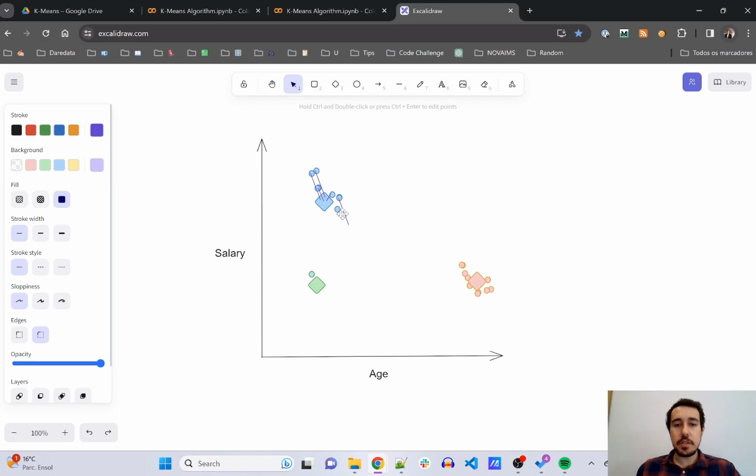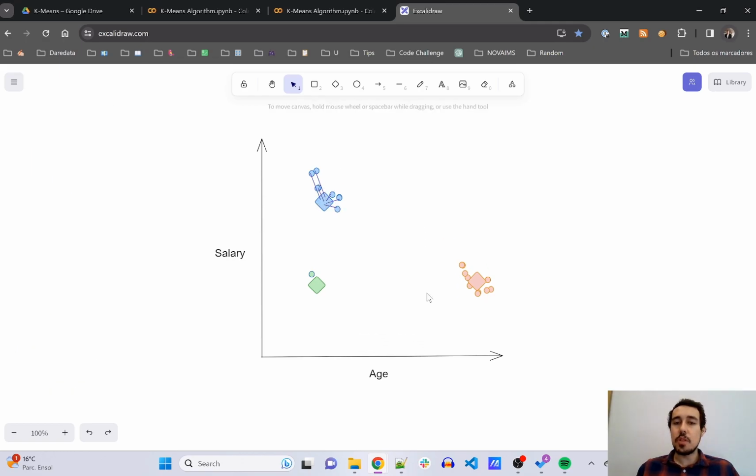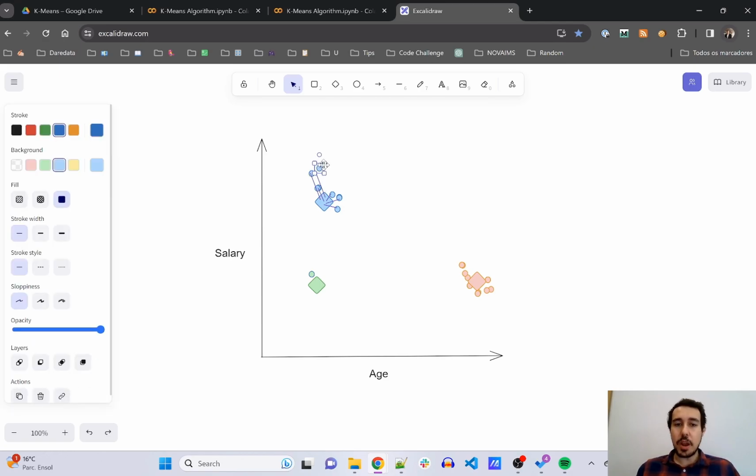Imagine that we would have purple lines for every data point to the centroid, and here the same, and here the same, right? Now the sum of these purple lines is the amount of lost variance. So it is how much we are sacrificing to consider the cluster, right, instead of considering the individual data points. Makes sense, because if we are trying to categorize this data, we will classify. Let's imagine that this individual right here is called John.